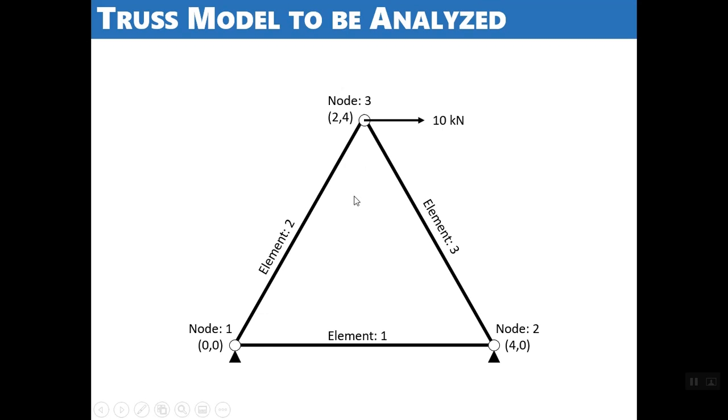To solve a truss, first of all, we need to know the geometry of the truss. That can be done in two easy ways. Either we know the length and angle of each of the elements, or we know the coordinates of each of the nodes. Both can help us out.